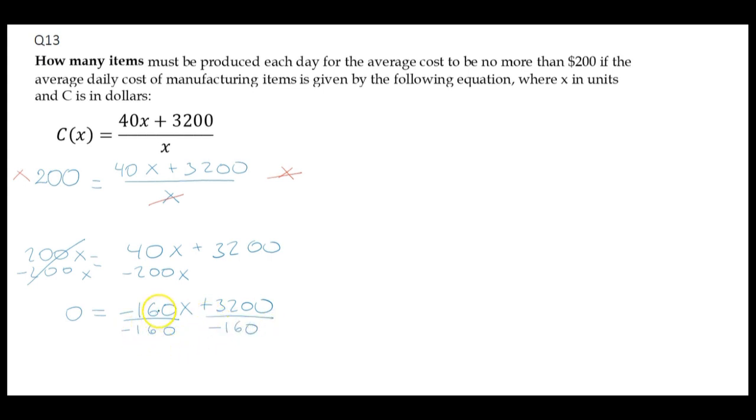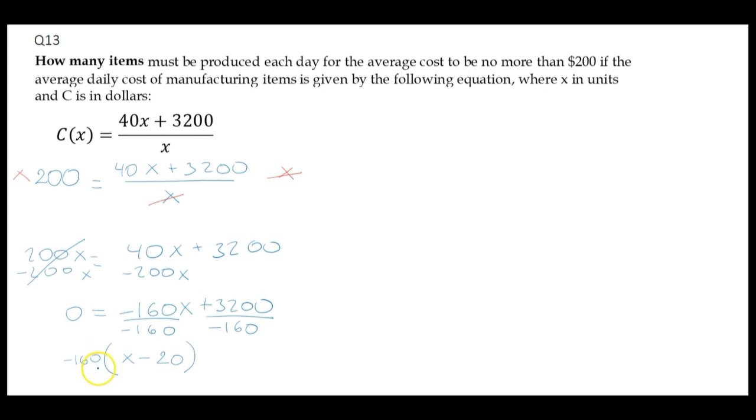So negative 160, open parentheses, negative 160 divided by negative 160 is going to be 1, so I only have the x in here. Then 3,200 divided by negative 160 is going to give me negative 20.